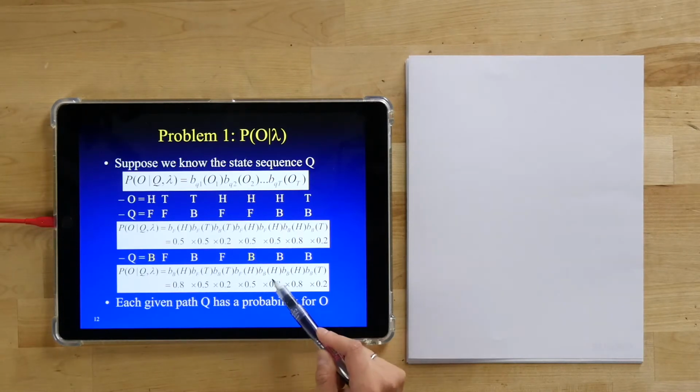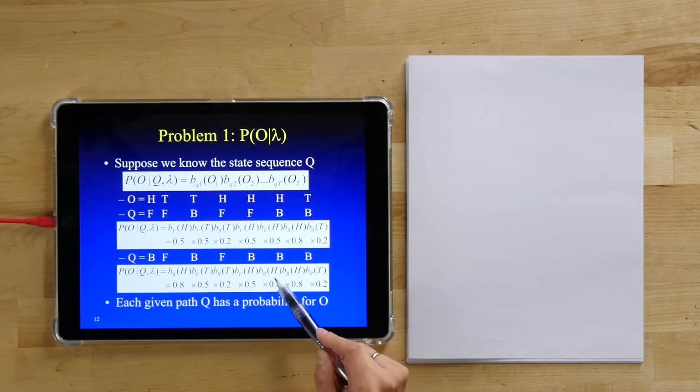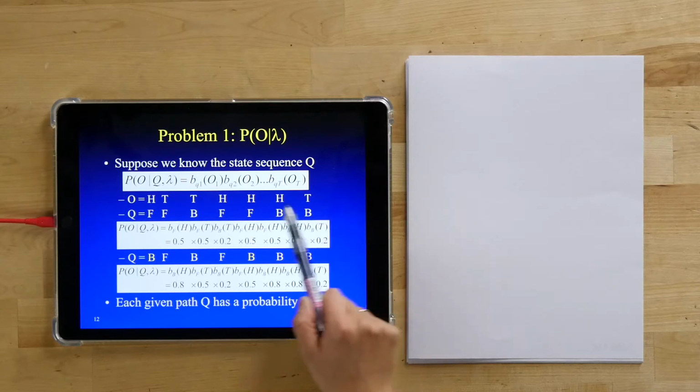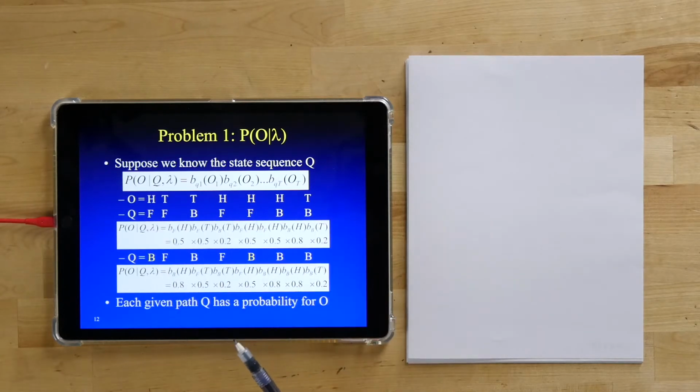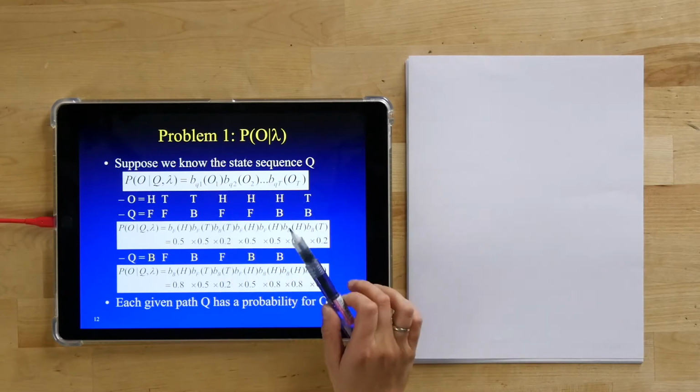And again, in here also, we are trying to use a biased coin to flip this head, which is now 0.8. And so you calculate another probability. So you can imagine, for every given path, there is a probability for observing this string of coin flips, right? So what is the overall probability of observing this?